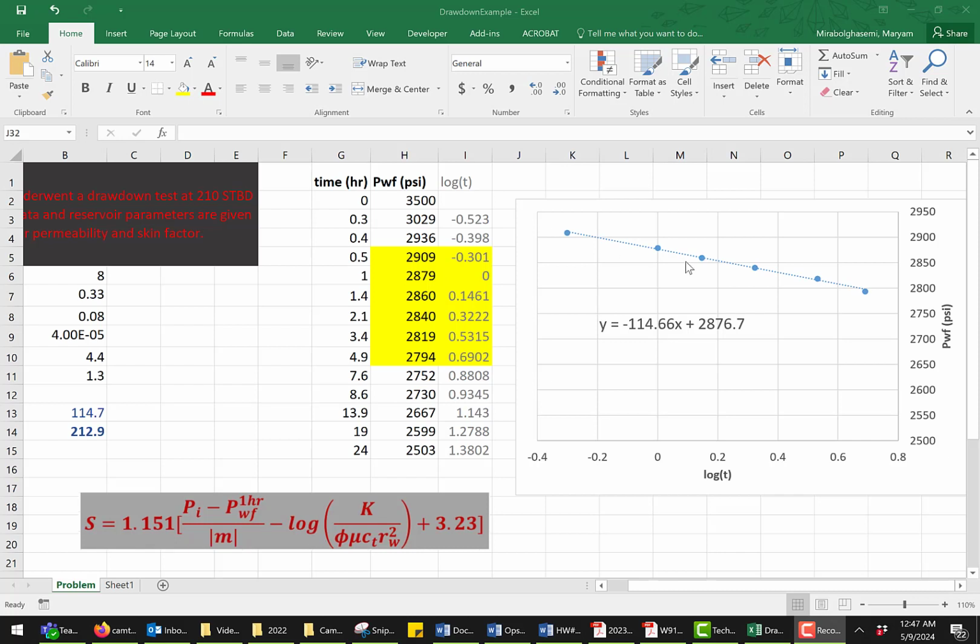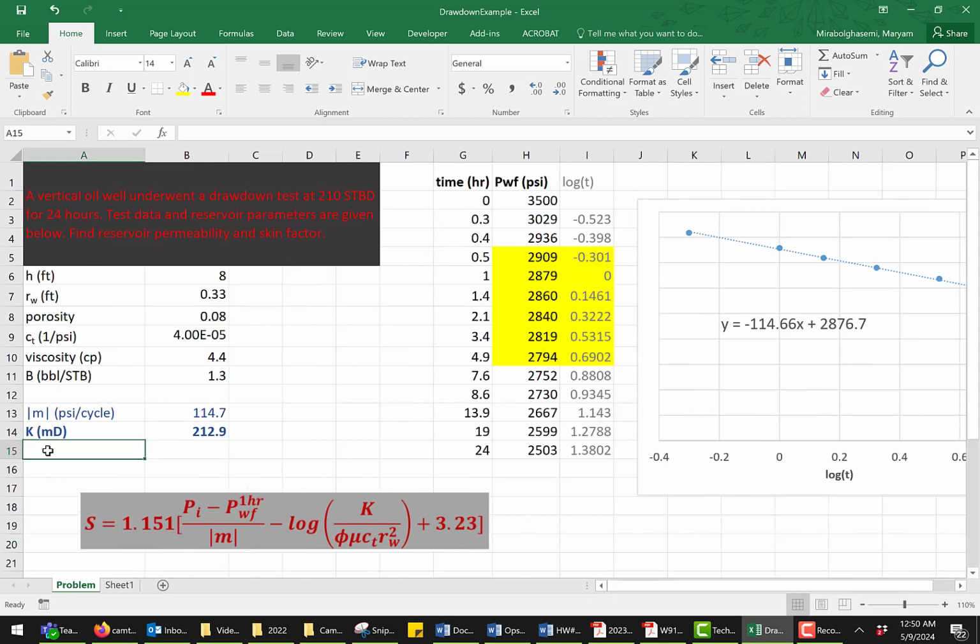So always go to the graph and read the value corresponding to a log of t of 0 as your flowing bottom hole pressure at 1 hour. So Pwf at 1 hour is about 2876.